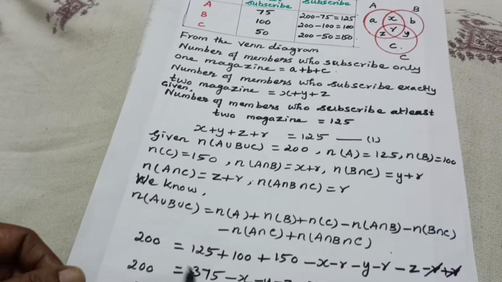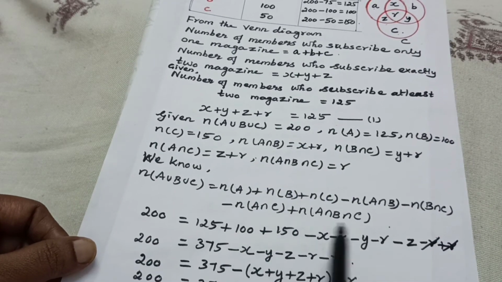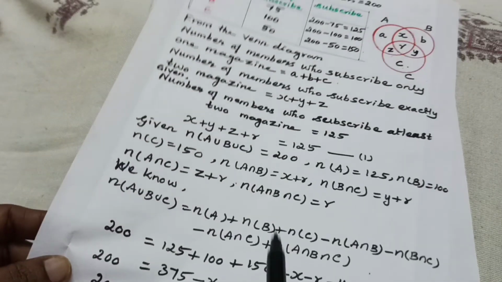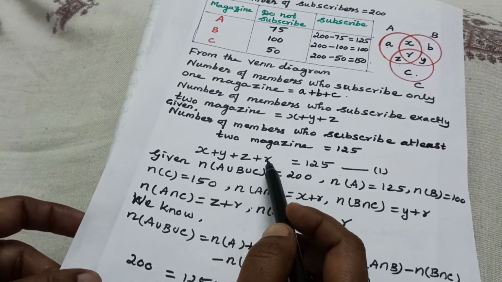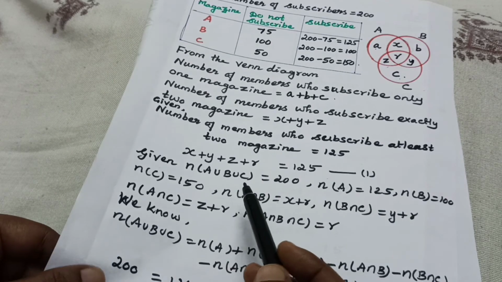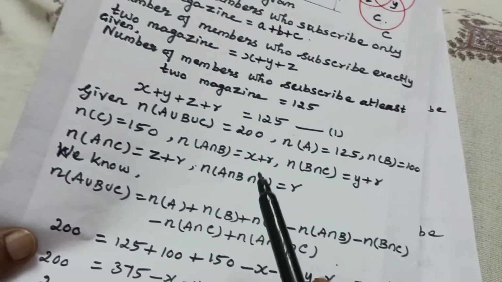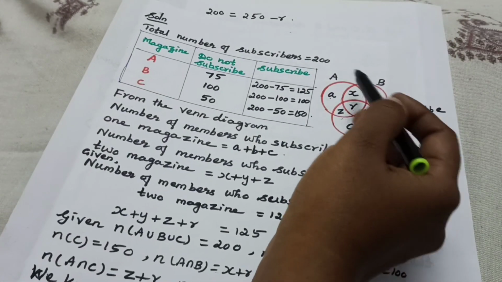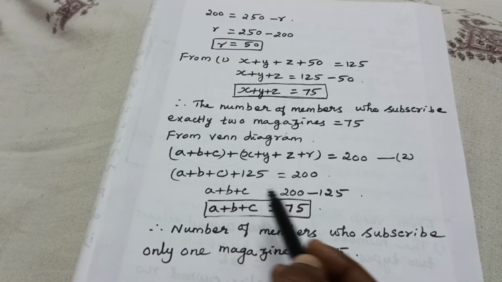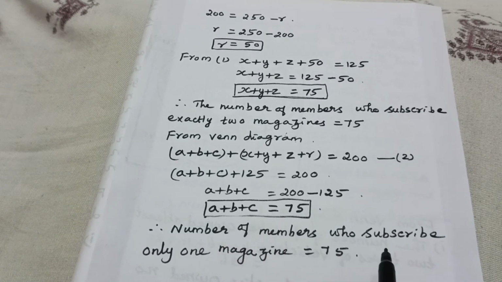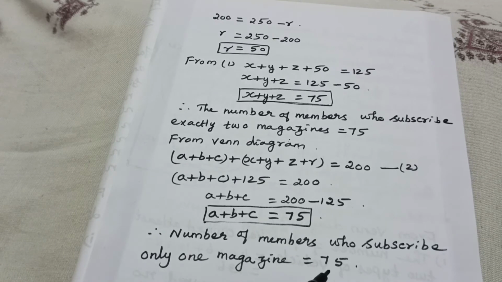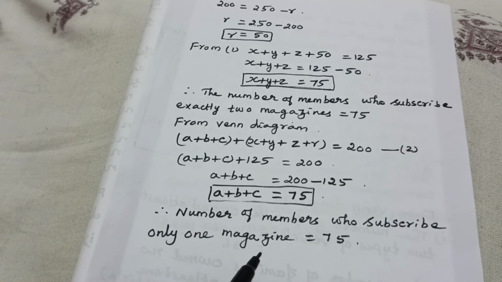Then according to what is given, we have to use this formula. All values substitute. First you should find the R value. Then substitute the R value in equation number 1. Have you understood? Then the first question answer we will get. Then afterwards this one we have to substitute with the help of the Venn diagram. All values substitute. Then we will get how many of them subscribed to only one magazine. Have you understood? Any doubt?